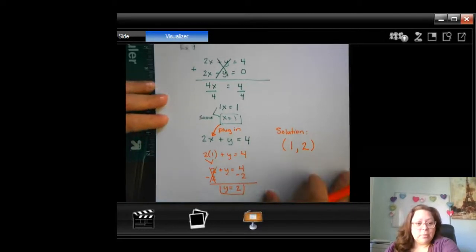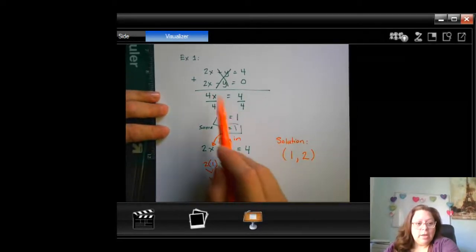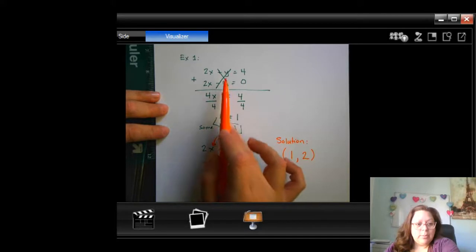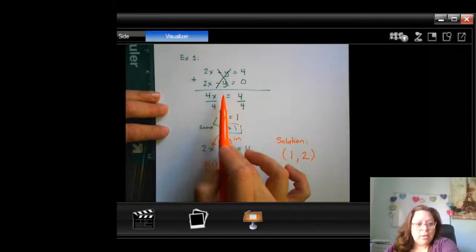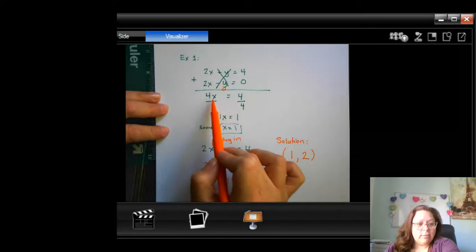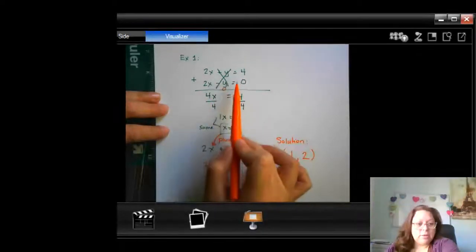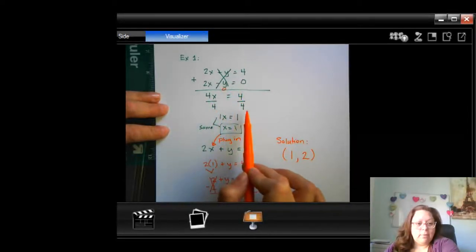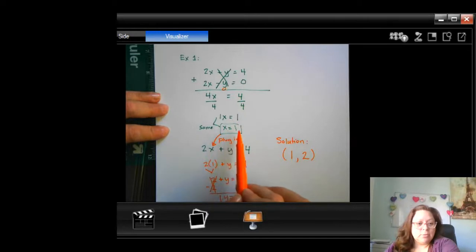Let's go over this one more time. We eliminate a variable. We eliminated y because 1y minus y will get you 0. And you can put a 0 here. Then you add these two, you get 4x. Add these two, you get 4. Divide by 4, x equals 1.